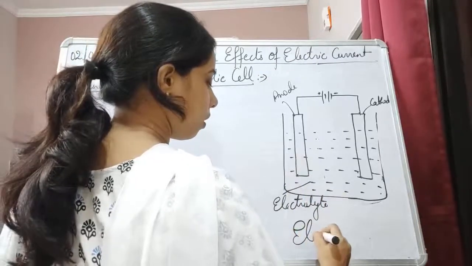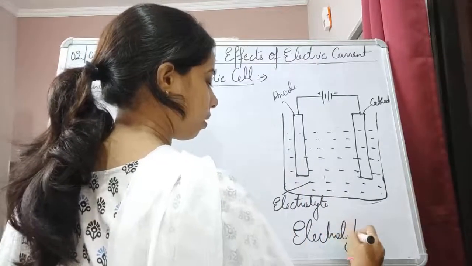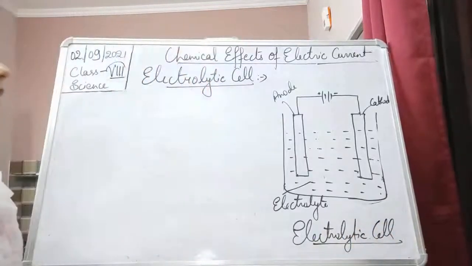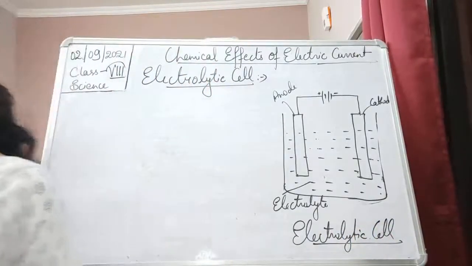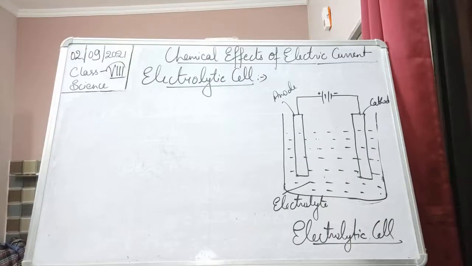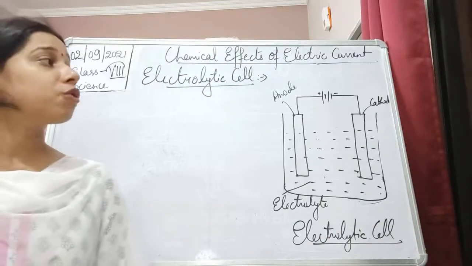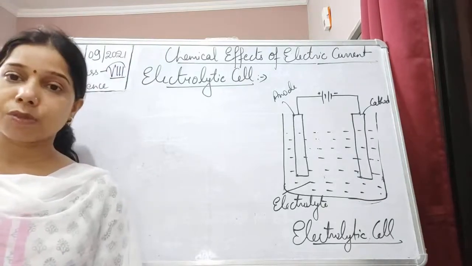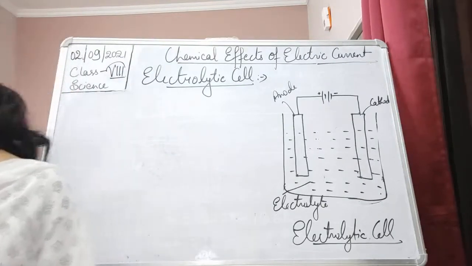This whole is the electrolytic cell. So the electrolysis process is generally carried out in a container made up of glass, which we call an electrolytic cell.